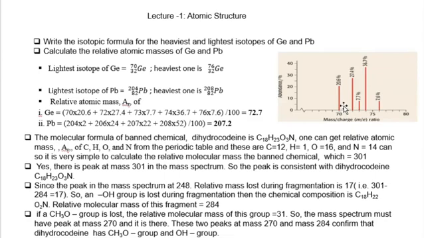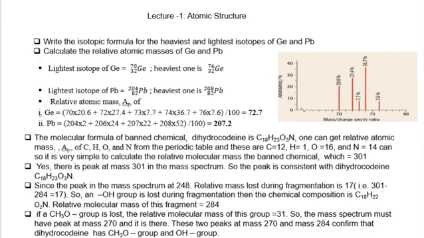Here we have the relative abundance and the peak position. So 70 times 20.6, 72 times 27.4, and so on. Then we add all of this and divide by 100. That gives us the relative atomic mass of germanium, which is 72.7. Similarly, we work it out for lead and get the relative atomic mass of lead, 207.2.